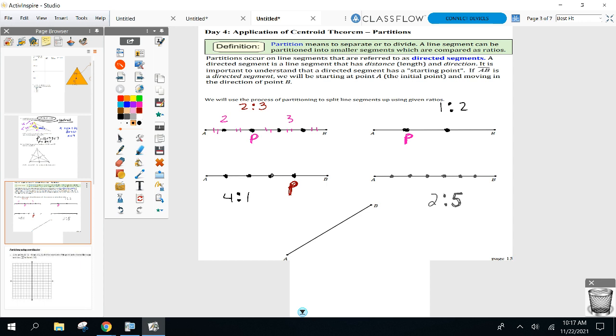Seven congruent parts. All right, 7 congruent parts with point P on the second one you made, or the third one overall?